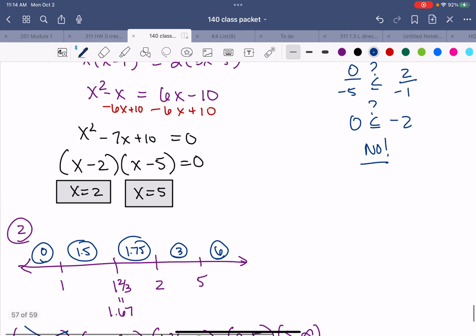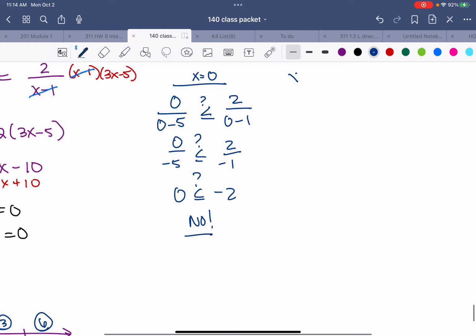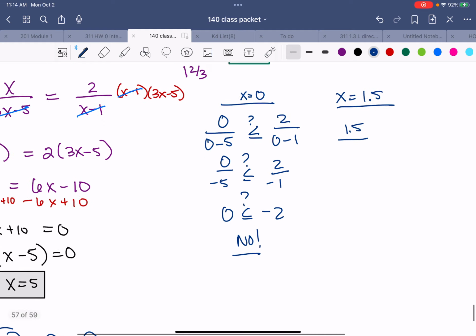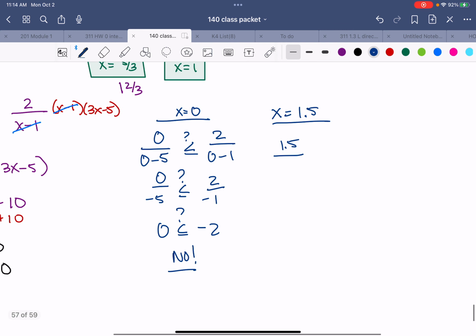Then we're going to check 1.5. So x equals 1.5. So 1.5 over 3 times 1.5 minus 5 is less than or equal maybe to 2 over 1.5 minus 1. This is 1.5 over. 3 times 1.5 is 4.5.